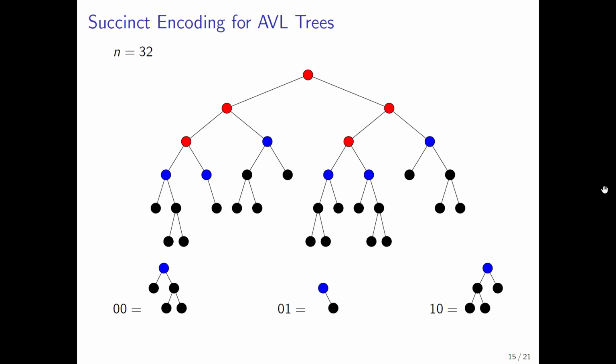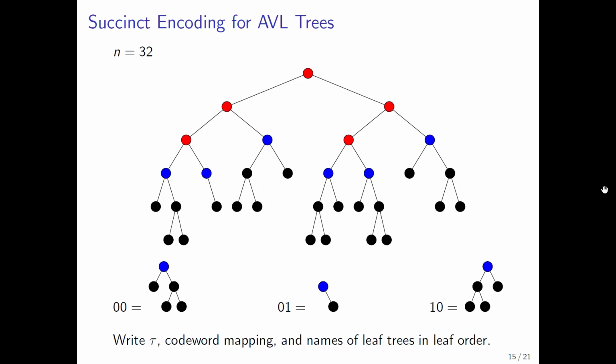And since they're small, we can count up how many there are, and there are little o of n possible shapes for these blue-rooted subtrees. And so we can just write down a table that lists all of them, and then we can map each one so we can use the minimum number of bits while still preserving our desire to have an efficient encoding and decoding algorithm.